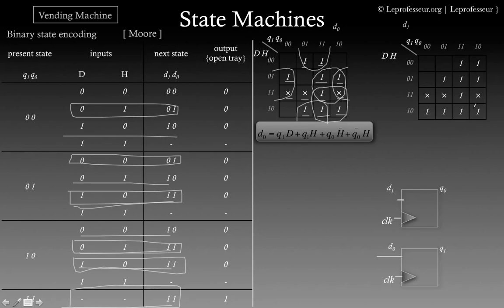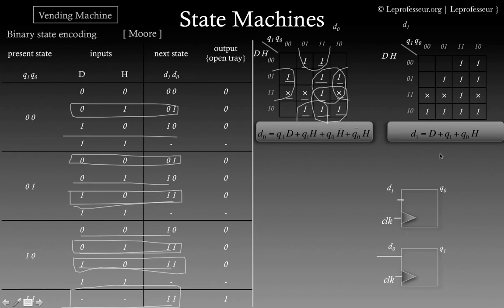Okay, and we fill up all the entries in this Karnaugh map as we did for D0. Okay, and we arrive at that equation, D1 equal to D plus Q1 plus Q0 into H, that is H.